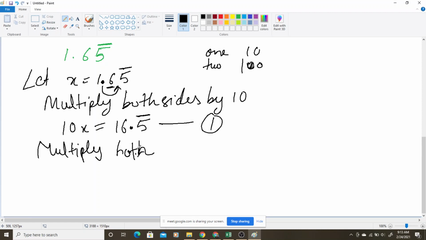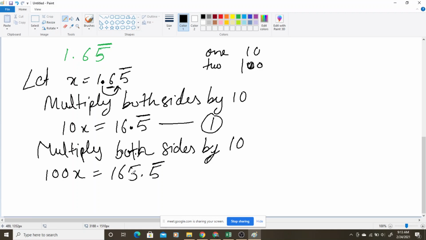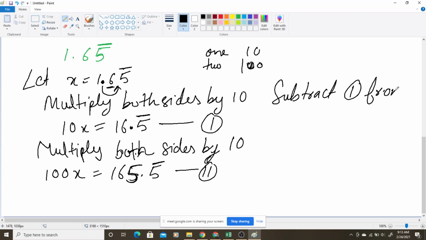Both sides by 10 again. So it will be 100x, because 10 multiplied by 10 is 100, and it will be what? 165.5 bar, because 5 bar means it is repeating unlimited times, so we can take 165.5 bar. Now this is the second equation we are having. Now subtract your first equation from the second.